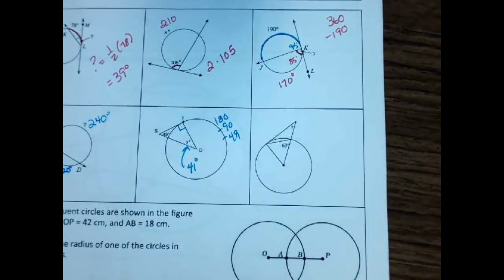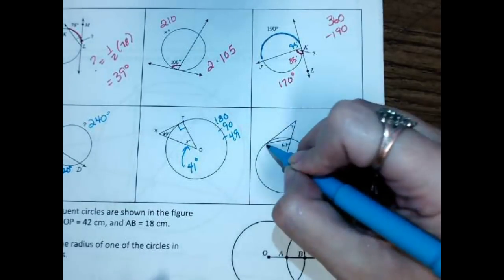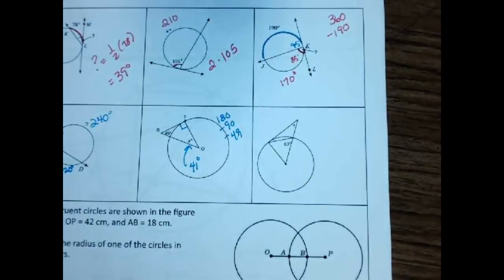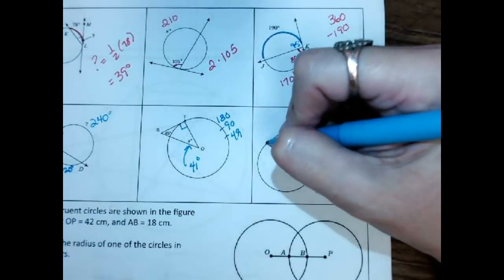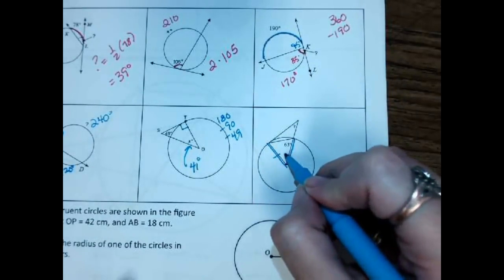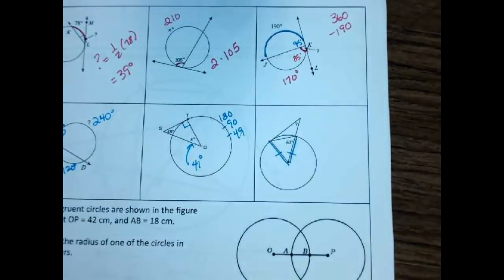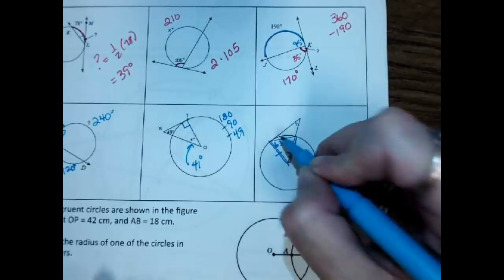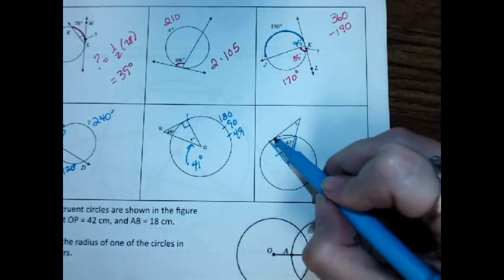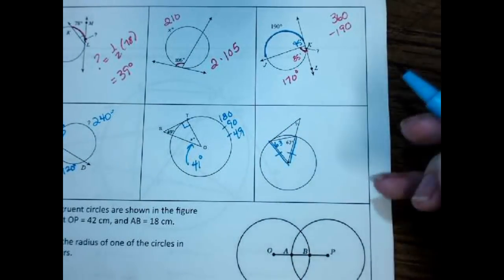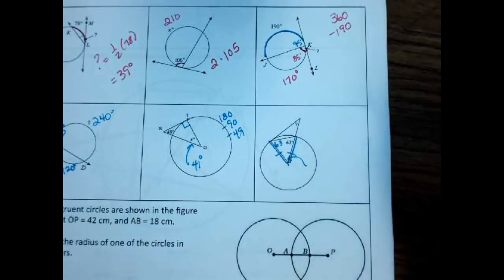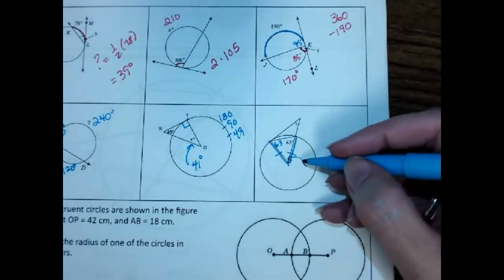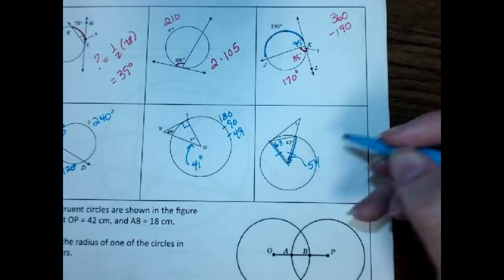This one, we're going to go back to something we had before. I do know that this tangent and this radius make a 90-degree angle there, but I also know that this is a radius and this is a radius of the circle, so this makes a little isosceles triangle right here because this is 63. Not the whole angle, but just this part here is 63. So I can use my fact that the angles inside a triangle add up to 180 to find that this one here in the middle is 54.